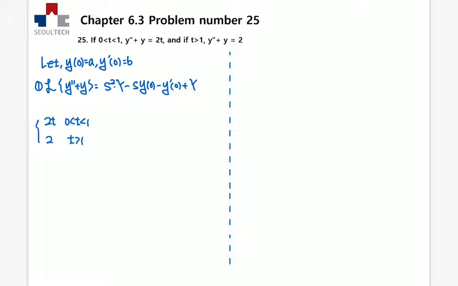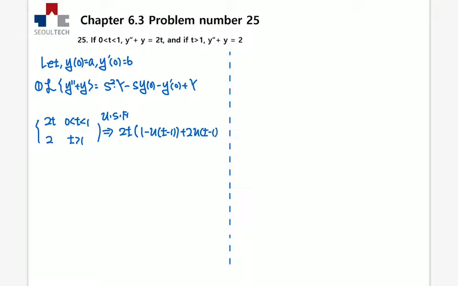So you can rewrite the right-hand side using the unit step function, expressing it as 2t times (1 minus u(t minus 1)) plus 2 times u(t minus 1).